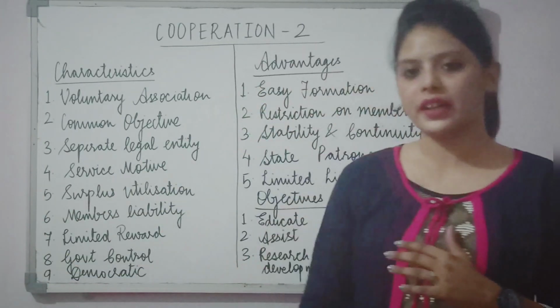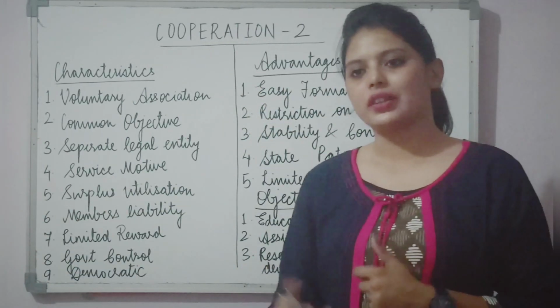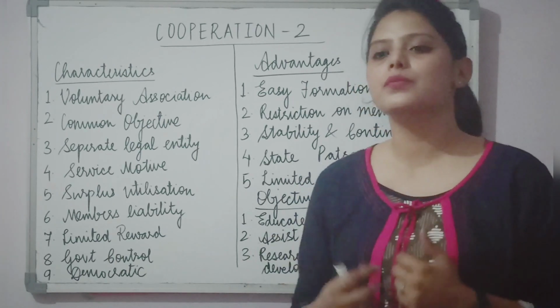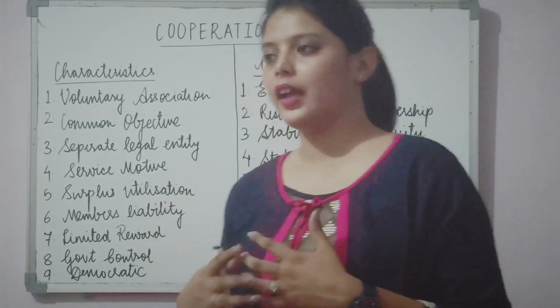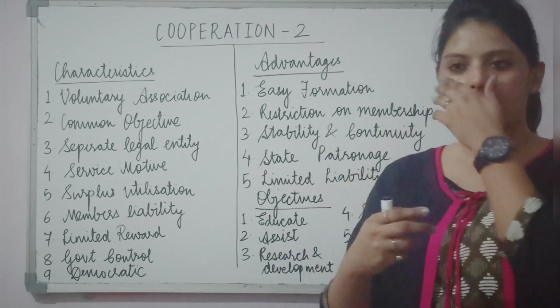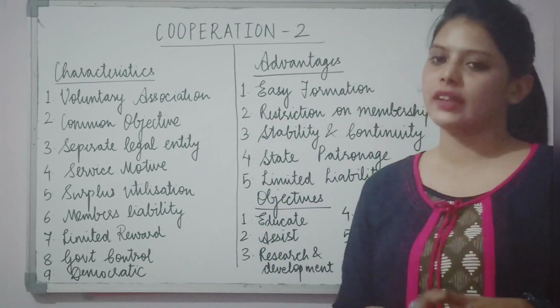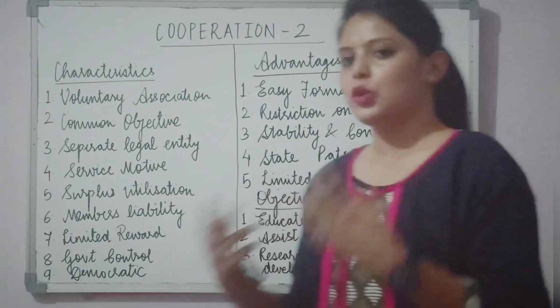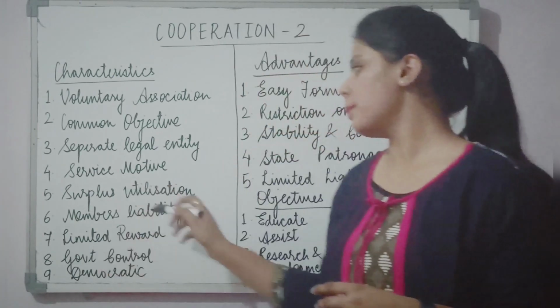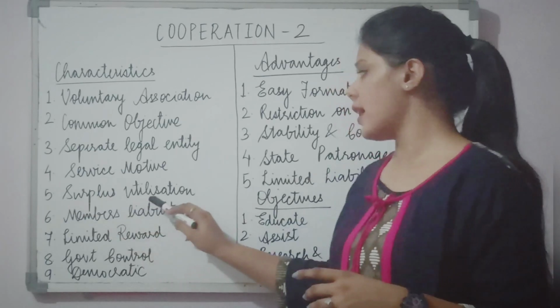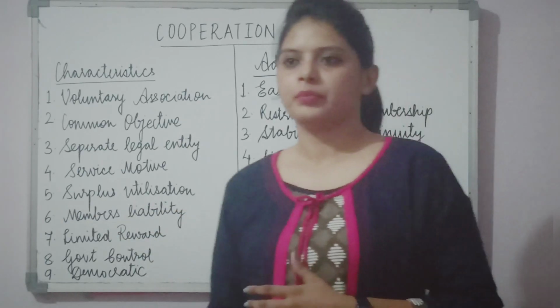So when a cooperative society or a corporation gains something in terms of money, जब पैसे कमाते हैं, तो वो जो उनका खर्चा निकाल के, after subtracting the expenses, जो उनके पास बच जाता है, what we mostly call profit और surplus, तो जो surplus है उसको utilize कैसे करते हैं?